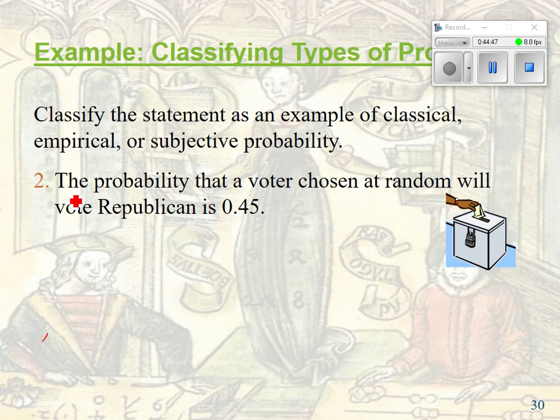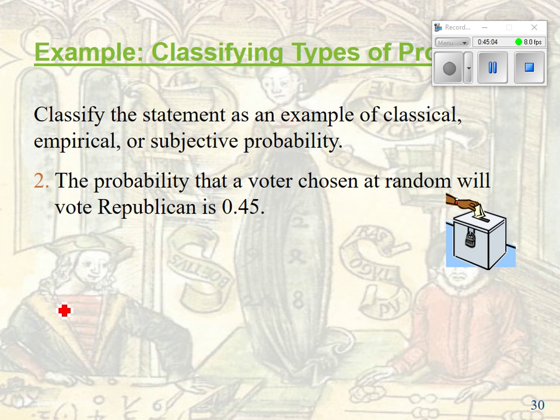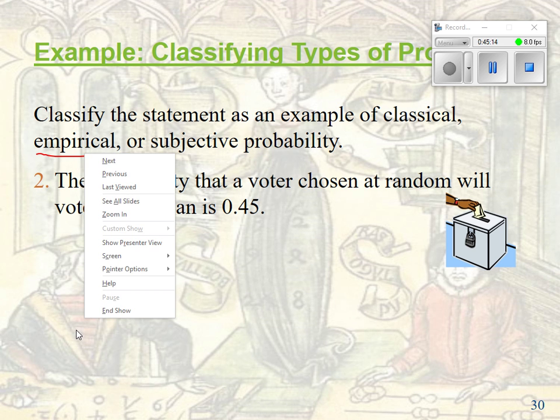The probability that a voter chosen at random will vote Republican is 0.45. Classical, empirical, or subjective? Subjective again? I bet not subjective on this one. Empirical. I bet it's empirical because I bet they looked at how many voters are Republican, how many are Democrat, and just went from that, right?